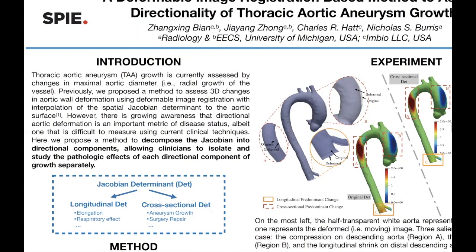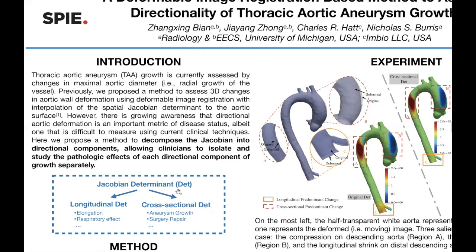However, there is a growing awareness that directional aortic deformation is important, particularly longitudinal growth, such as elongation of the vessel. Thus, in this paper, our goal is to decompose the Jacobian determinant, which measures the 3D changes, into several directional components, such as the longitudinal determinant and the cross-sectional determinant.